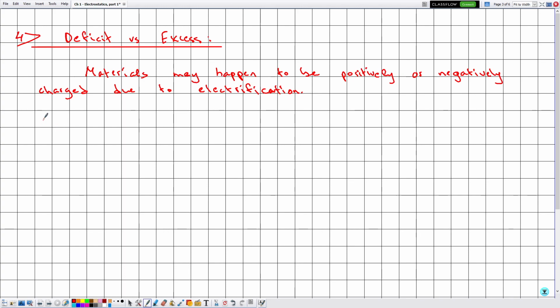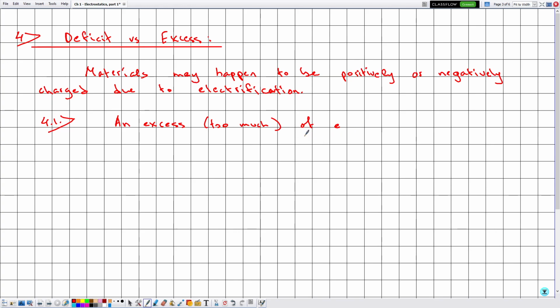Let me say section 4.1. That an excess, so what is meant by excess? Excess means too much of electrons.